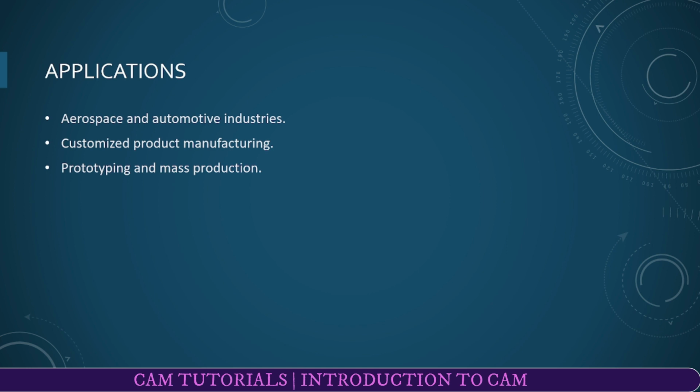If you want to customize some material according to your use, then you will use automatic CNC machines or CAM. And prototyping and mass production. If you want to produce new parts, you first need to generate a prototype. For a prototype you obviously need a production plan, and most of the parts are constructed by using CNC machines, mostly CNC milling. So you will need CAM for that.